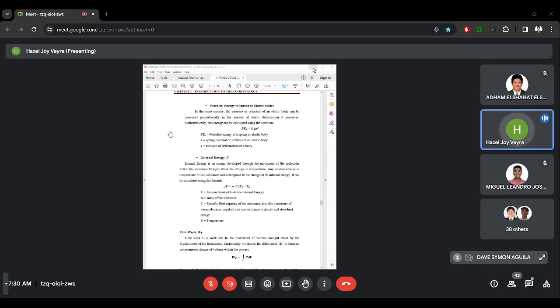Okay, thank you. So, potential energy of spring. Ito yung spring class that we often see sa marami. Example, yung battery natin, di ba? Whenever we have a remote, for example, sa paglalagyan mo ng battery, there's a spring there.